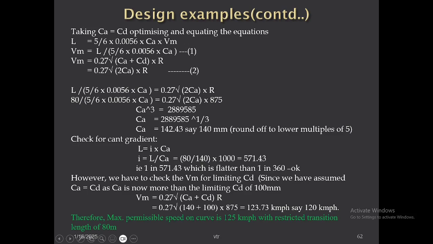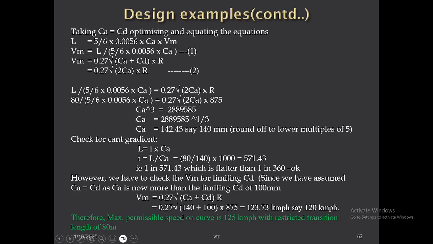So here CA is now more than CD, so again VM equals 0.27 root of CA plus CD. Here CA we can put as 140, but CD we have to put only 100. We can't go beyond 100 because that is the maximum cant deficiency permitted as far as this problem is concerned.